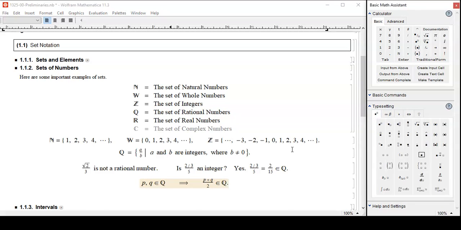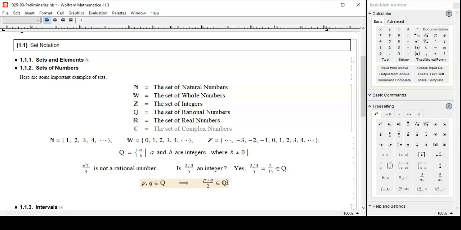This average is between P and Q. Is there only one? No, not really. We can take the average of this and P, and then you have another, the average of this and Q, and then you have another, and so on and so forth. So there's one number in between any pair of rational numbers, consequently infinitely many.